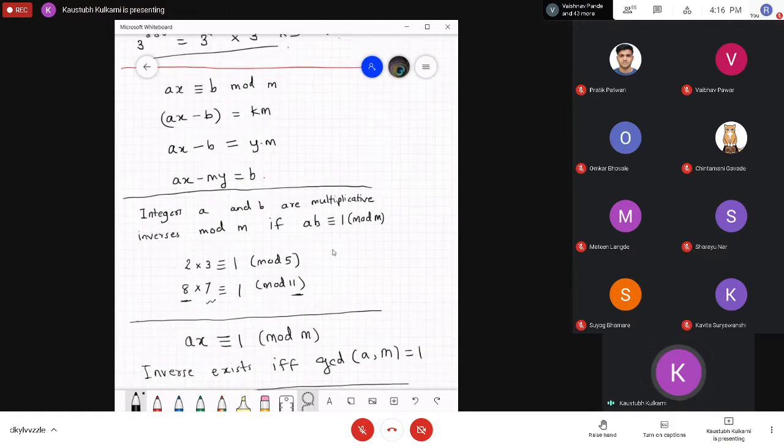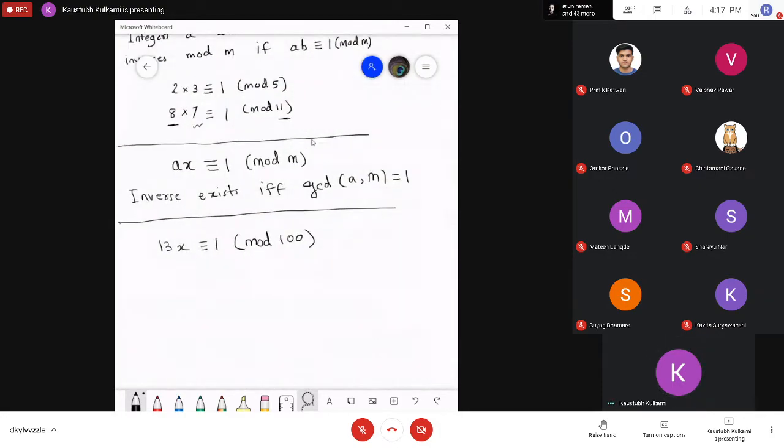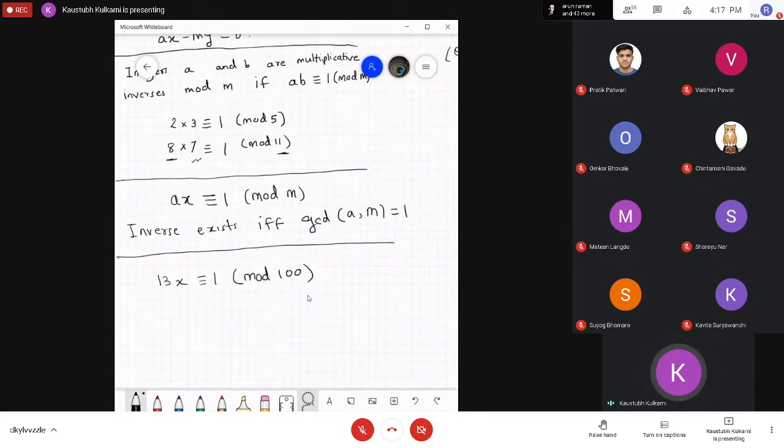What we'll use is this technique. AX is congruent to B mod M. That means AX minus MY is equal to B. The same thing if I write here, it will be 13x minus 100y is equal to 1.